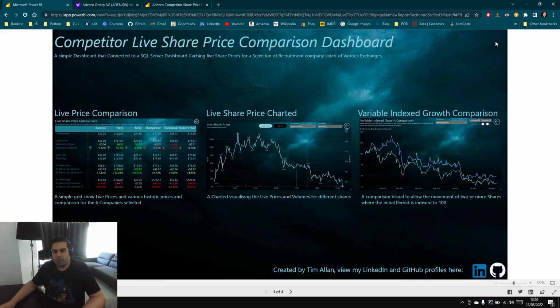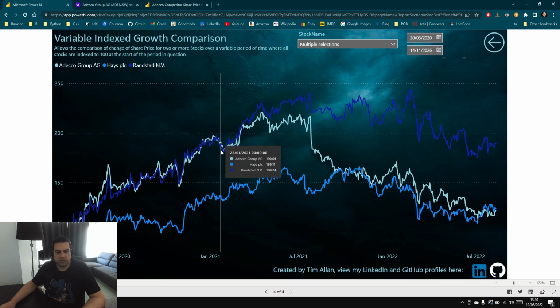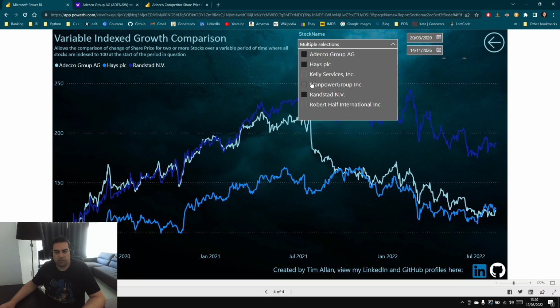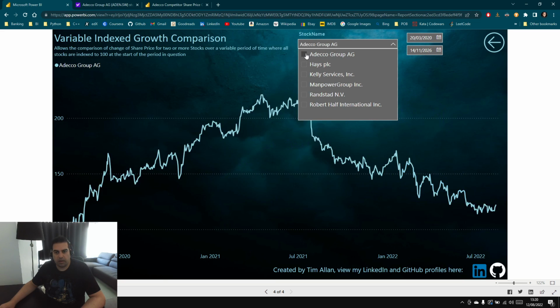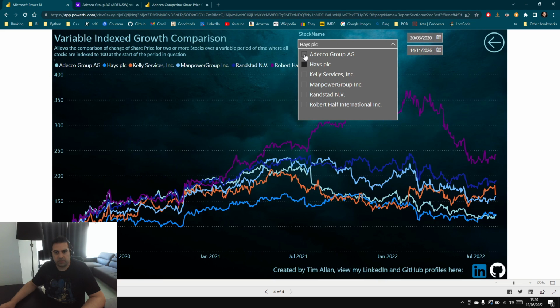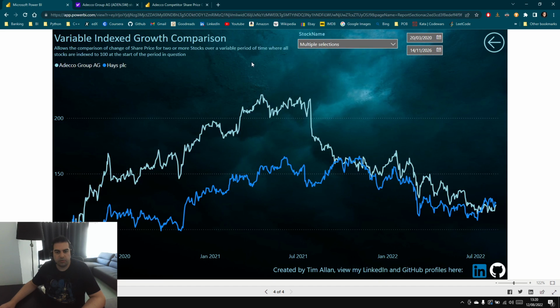Going back, finally I've made this little page, and what I wanted to do was compare, let's just select two shares. I wanted to be able to compare two or more shares in a period of time and see how they've changed over that particular time.